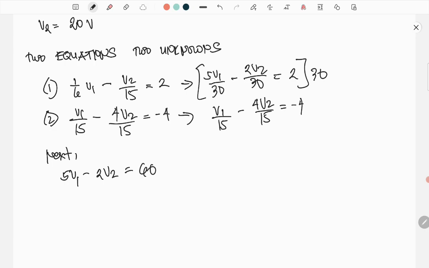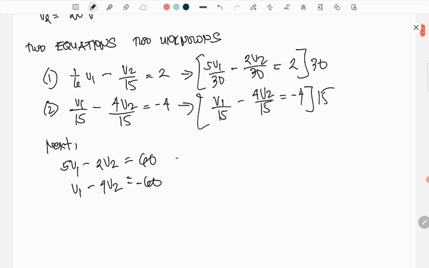For the second equation, we multiply it by 15. So that's just V1, right? V1 minus 4V2 is equal to negative 4 times 15, that's negative 60.